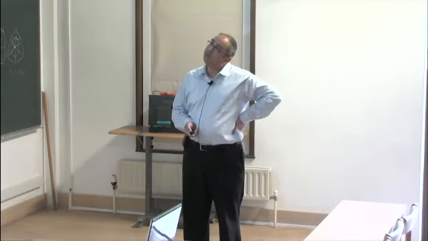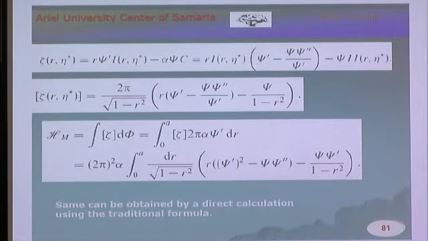Now, what we need in order to calculate the helicity is this zeta, and the discontinuity of zeta was calculated. When you plug everything into the magnetic helicity, you get this result, which you can also get by direct calculation using A and B and just plugging it in.